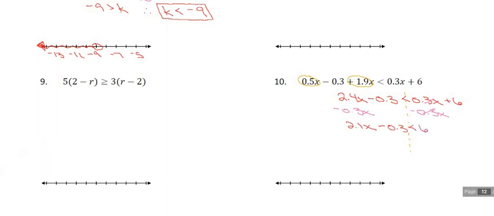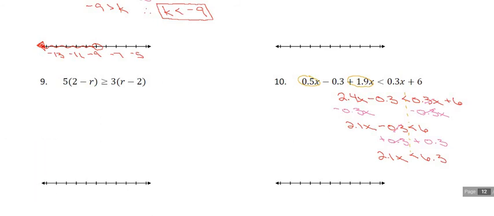We want to isolate the variable term, so now we're going to add 0.3 to both sides. So 2.1x is less than 6.3.